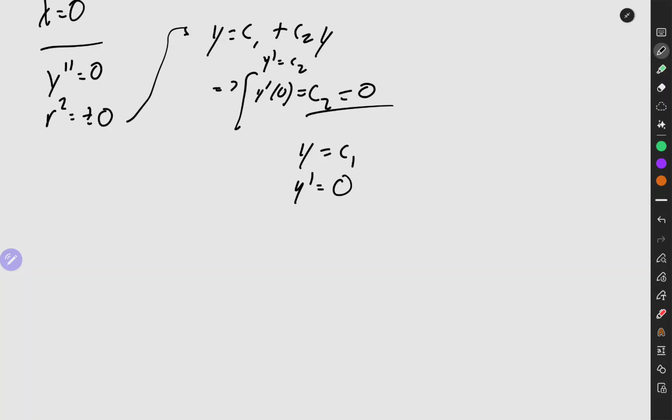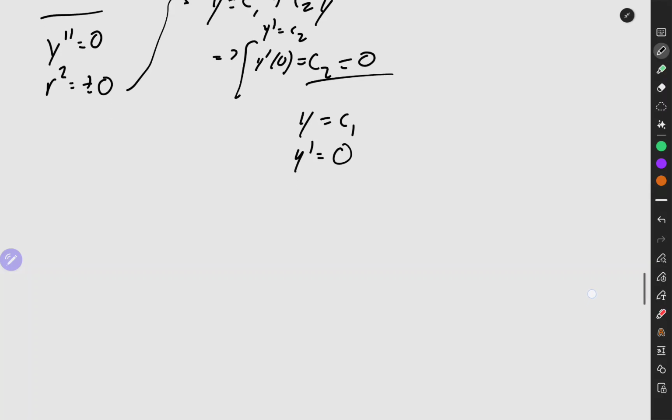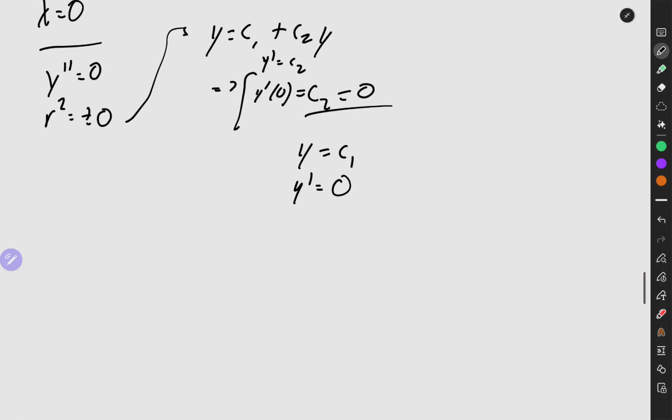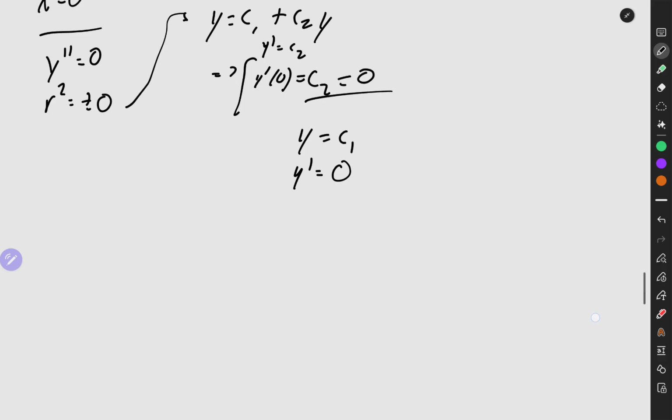I don't know if you remember, not too long ago we had a case like this. This tells us that we can't ever know what C1 is. This problem we have no way of solving for C1, but we can solve for C2. We know that Y is equal to C1.